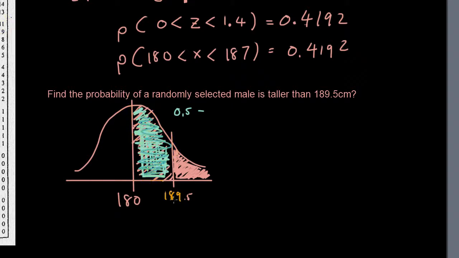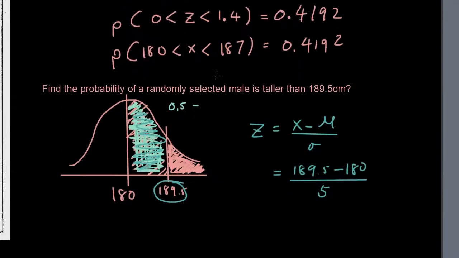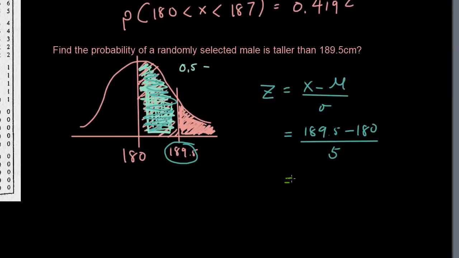Well, we need to firstly find the z-score of 189.5. So z is equal to x minus the mean divided by the standard deviation, which is 189.5 minus 180 divided by the standard deviation, which is 5, as I have previously discussed. And now it's 9.5 divided by 5, which is 1.9.